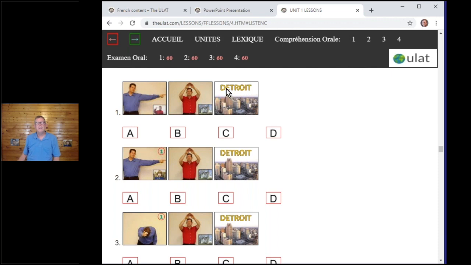And Détroit refers to the fact that between Detroit and Ontario, there's a narrow body of water, the Detroit River, between two larger bodies of water, which I won't name because I'll forget them. That's called a strait, and the word for strait in French is étroit. So Détroit means of the strait, located on a strait, S-T-R-A-I-T.